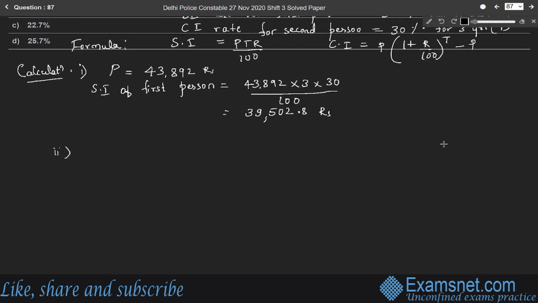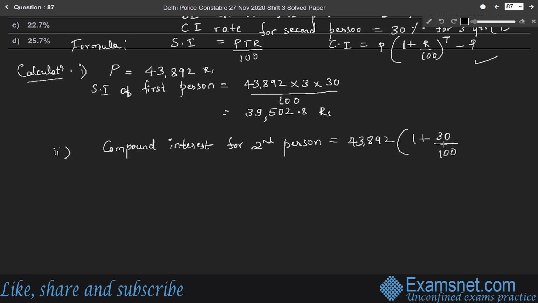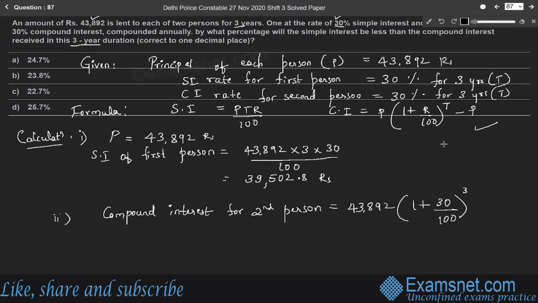So for the second person, so let us consider this as the first part. For the second person, the compound interest for the second person is equal to, according to the formula, principal 43,892 into 1 plus rate of interest 30 by 100 to the power of time period, which is 3 years, right?